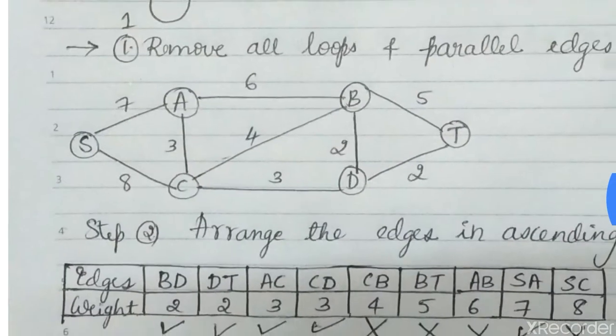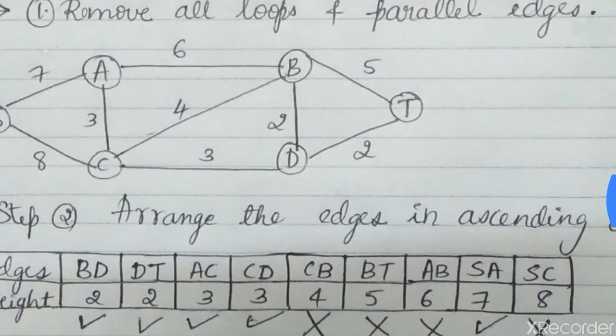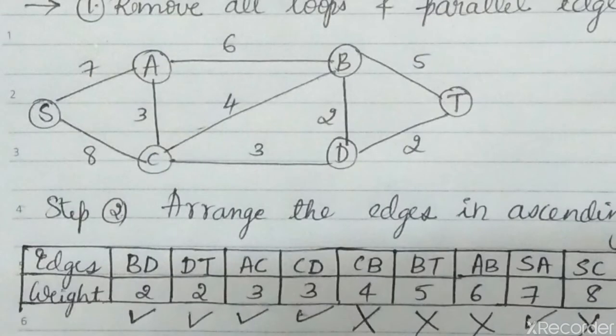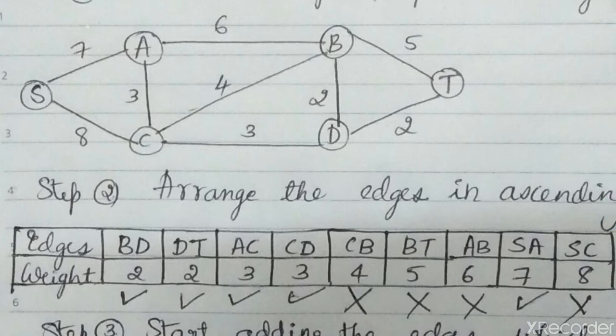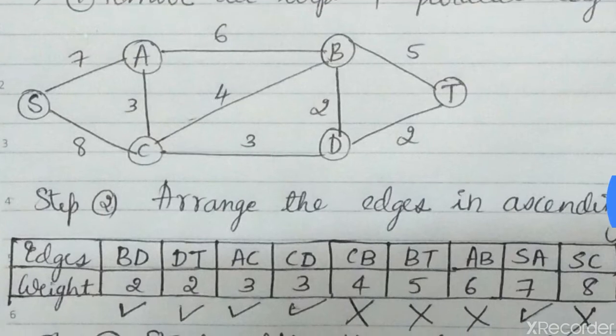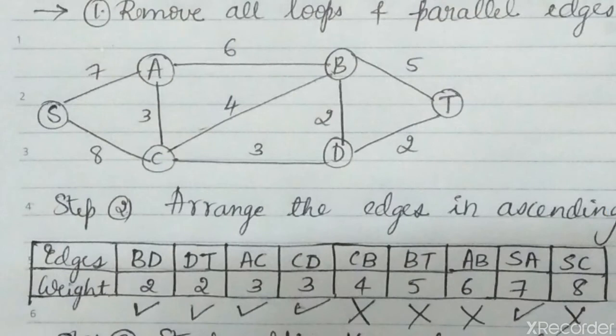The second step is, you have to arrange the edges in ascending order. You can make a horizontal table and write edges and weights. First arrange them according to their weights. The ascending order starts from 2, 3, 4, 5, 6, 7 and 8.